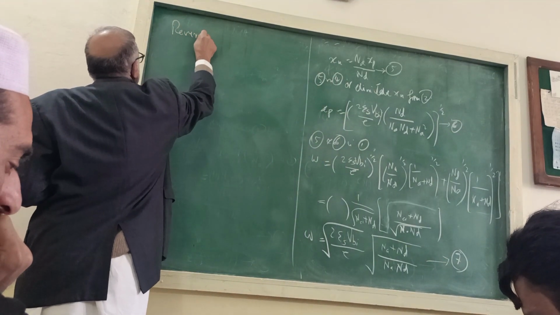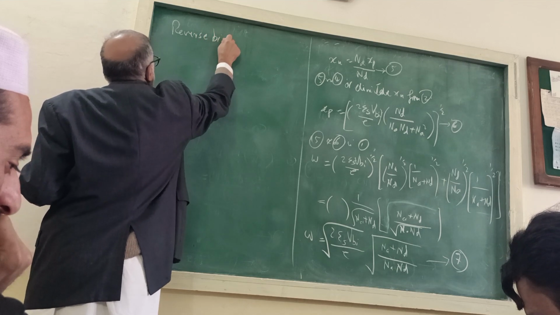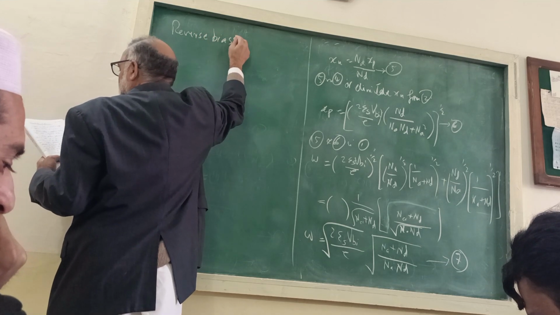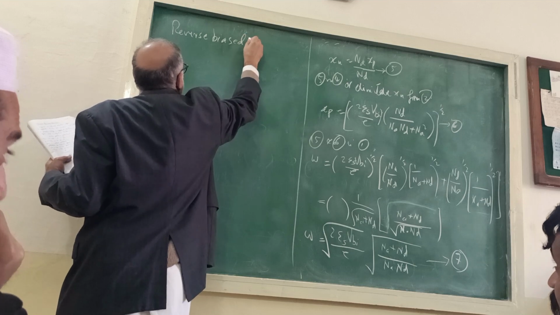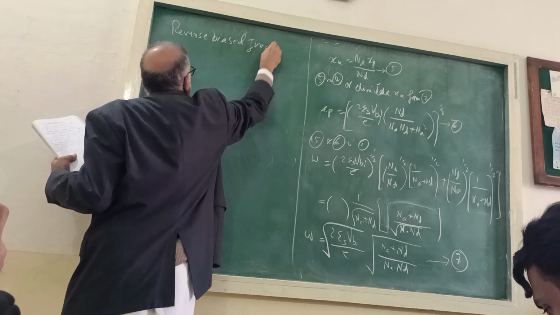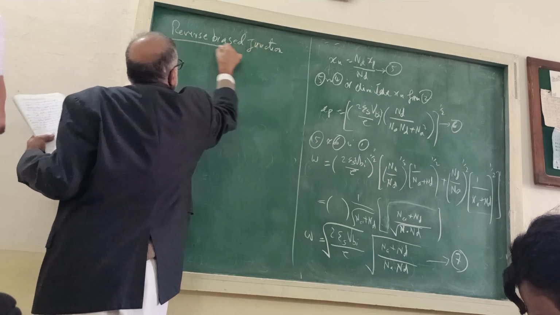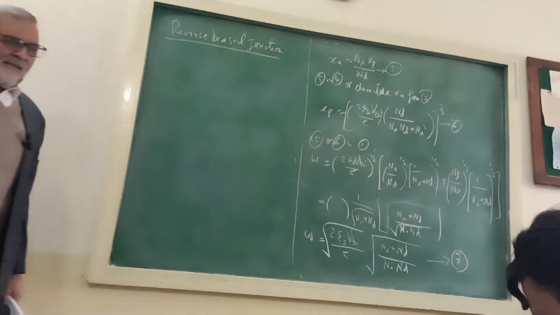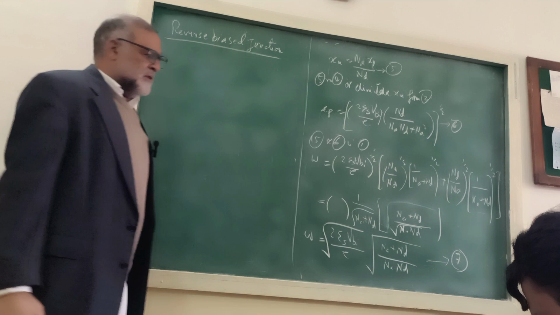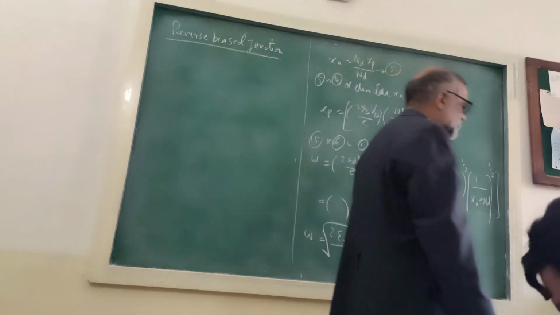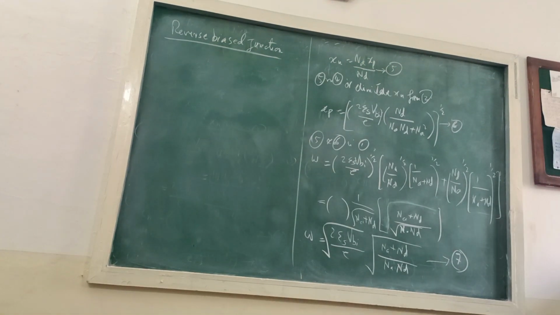So, reverse biased junction. Now we bias the junction. We apply a potential such that the polarity is reverse biasing.